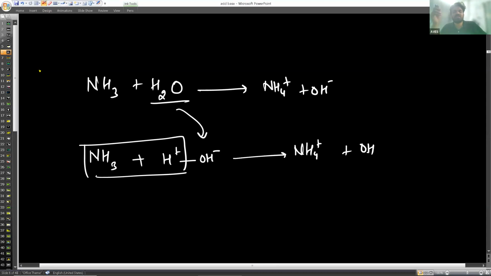So tell me which is acting as a base and which as an acid this time? Yes, Sumaya, tell me. In this one, which is accepting the H plus ion?